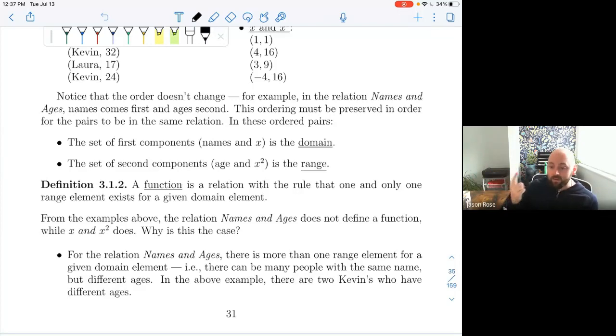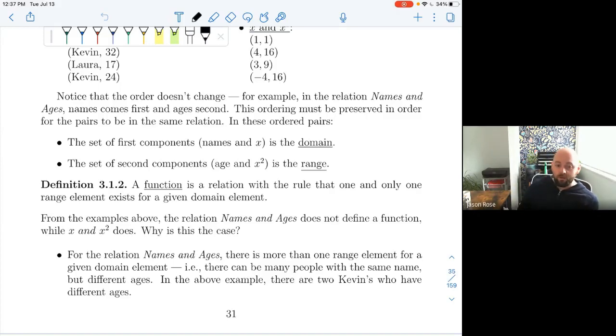Because there's only one thing that happens to 4. It's a rule that says you take 4 and you square it. You don't take 4 and you square it, or maybe you just make it 17 as well. So the range element is specific to the domain element. Only one range element for any given domain element. Okay? That's what makes a relation a function. And that's a rule that makes functions functions.